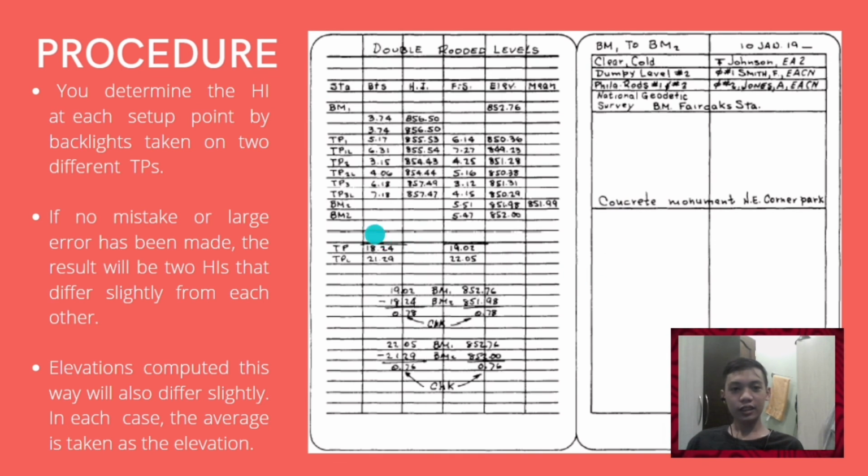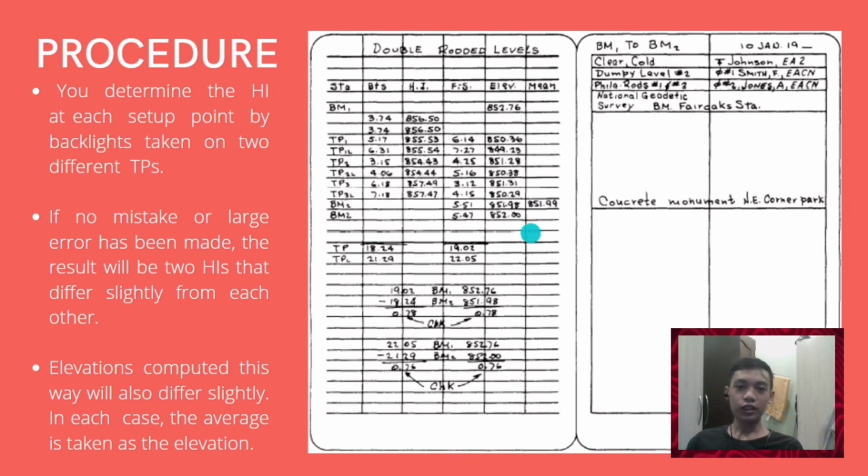So a higher TP and a lower TP was used, which results in two different heights of instruments for each. Computed by the higher height of instrument, the elevation of benchmark 2 came to 851.98 feet.